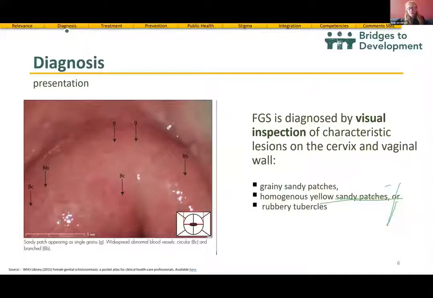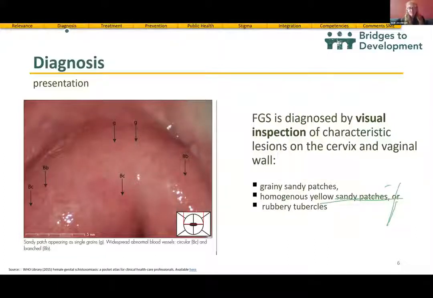We have several experts on looking at the cervix. This is a picture of the cervix from a cervical exam. The way we define and diagnose female genital schistosomiasis is by visual inspection. When you look at the cervix, you see lesions specific to female genital schistosomiasis, with grainy sandy patches.